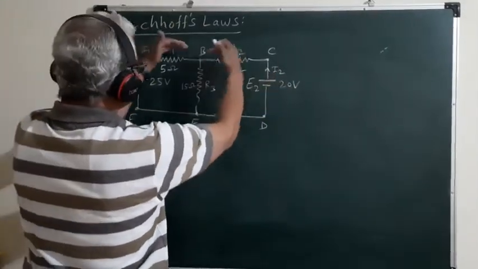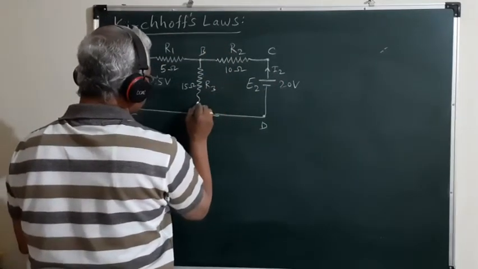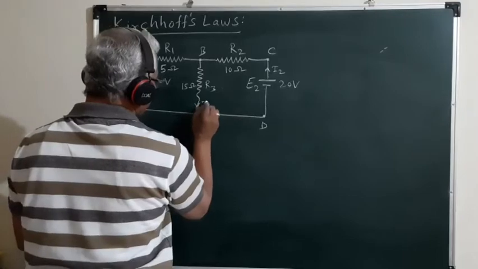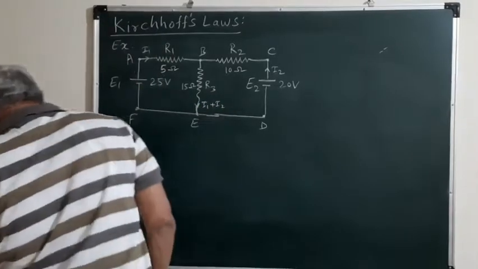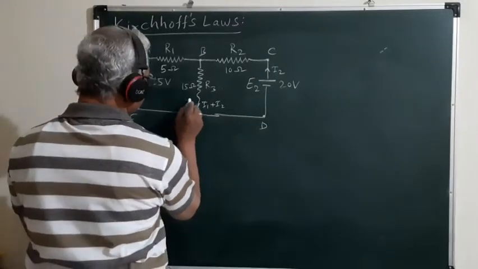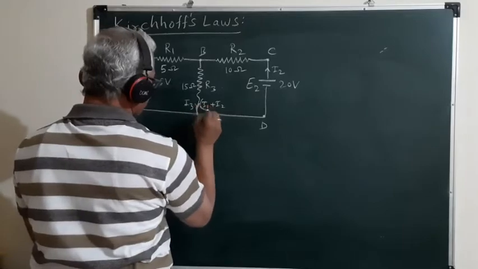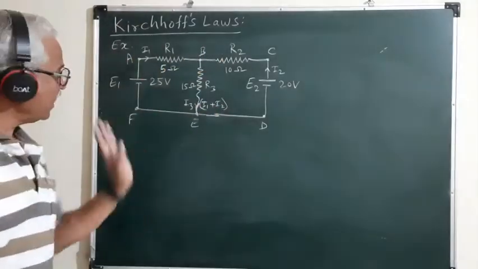When both these currents arrive at the junction B, the total current flowing through R3 is I1 plus I2. Say this current is I3. I3 is equal to I1 plus I2.